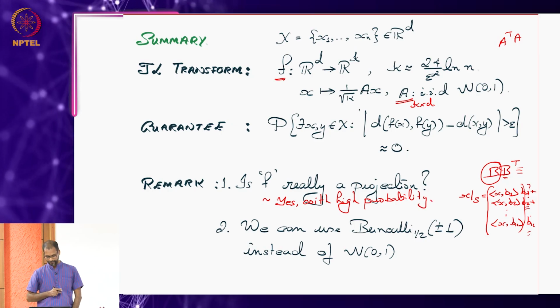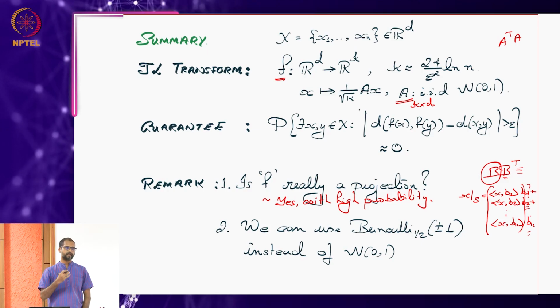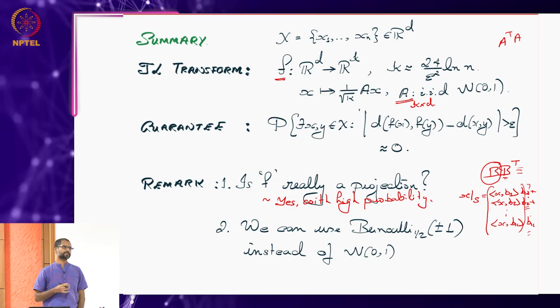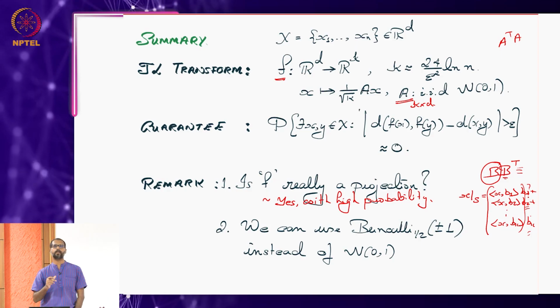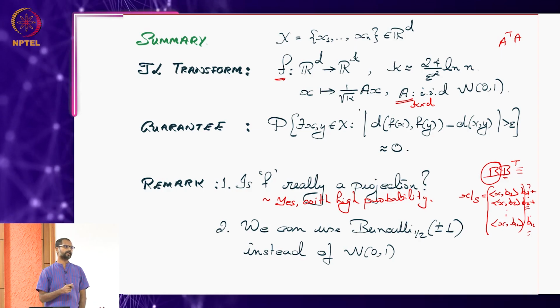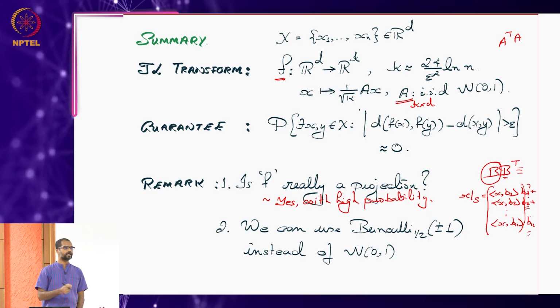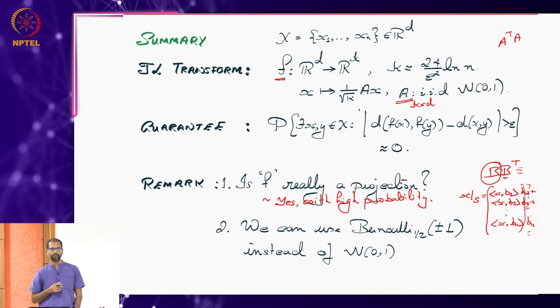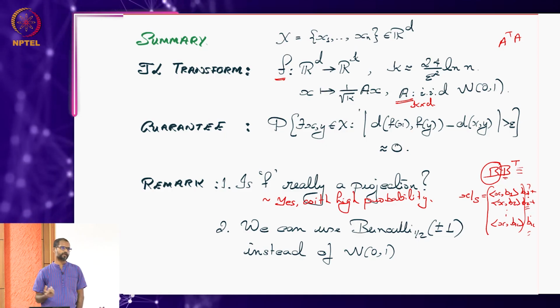And the second remark I wanted to make is that we constructed the matrix using standard Gaussians, but you can just use Bernoulli plus 1, minus 1. Each entry of the matrix could be plus 1 or minus 1 with probability half each, and the independence is needed. This makes computation much faster because you do not have to do any multiplication.